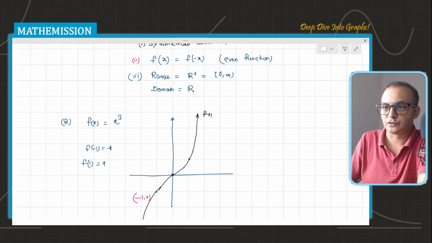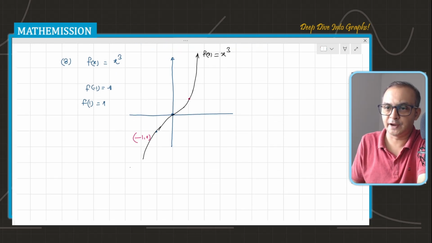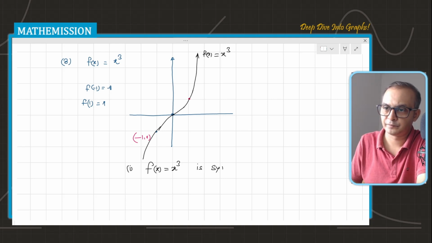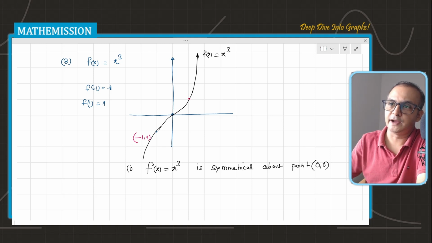This is f(x) is equal to x cubed, and the observation we can make here is that f(x) is equal to x cubed is symmetrical about the origin. What is the meaning of that?